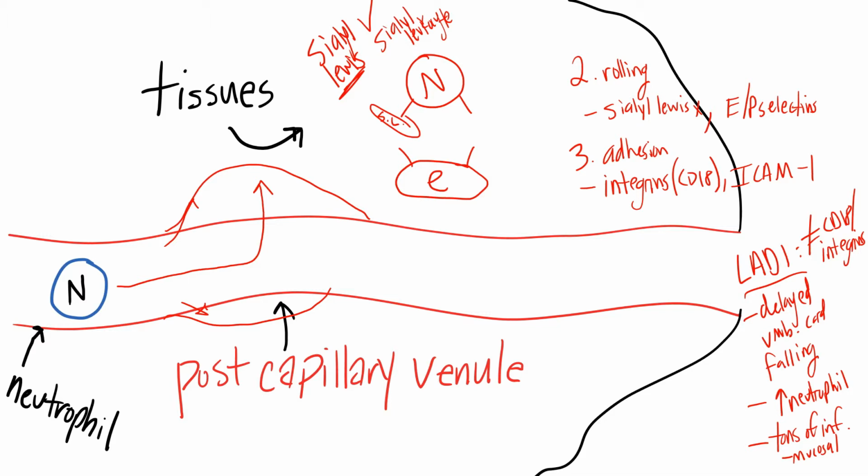The next one is the E and P selectins. This one's kind of easy because if you remember the E and P at the beginning, E stands for endothelial. That's the answer right there. And P stands for platelets. You might wonder why a platelet selectin is in the endothelial cell.